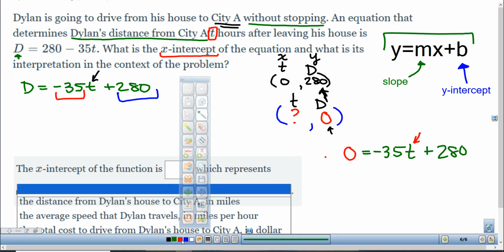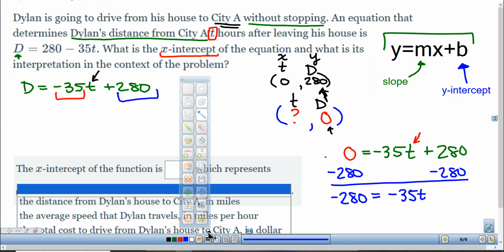And you can solve this very algebraically with our little procedures that we do. Or you can think about it: he's 280 miles away. He's going to cut into that distance 35 miles every hour. So how many hours would he have to do 35 miles to get to 280? You'll figure that out real shortly when you do these couple steps.